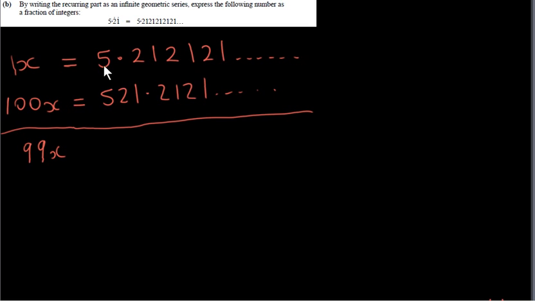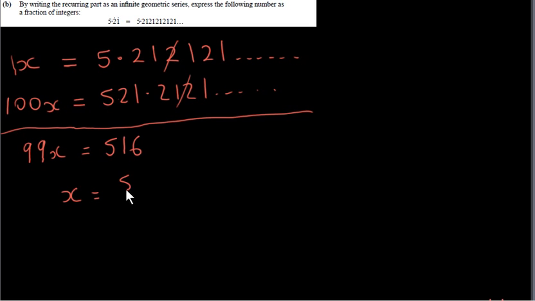5.2121 minus this number up here is going to give us 521 minus 5, which is 516. The decimal part cancels out when we do the subtraction, so that's why I chose to multiply by 100 to make the decimal part cancel out.